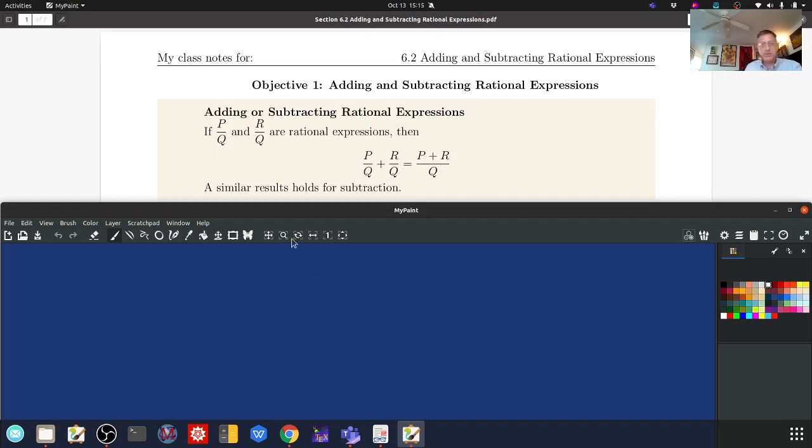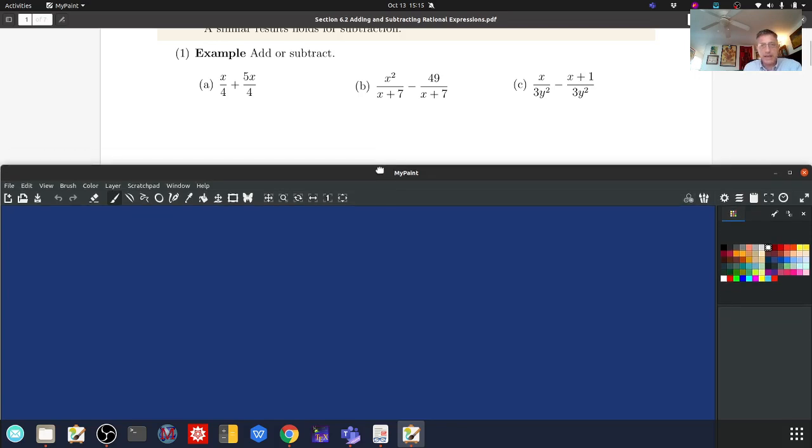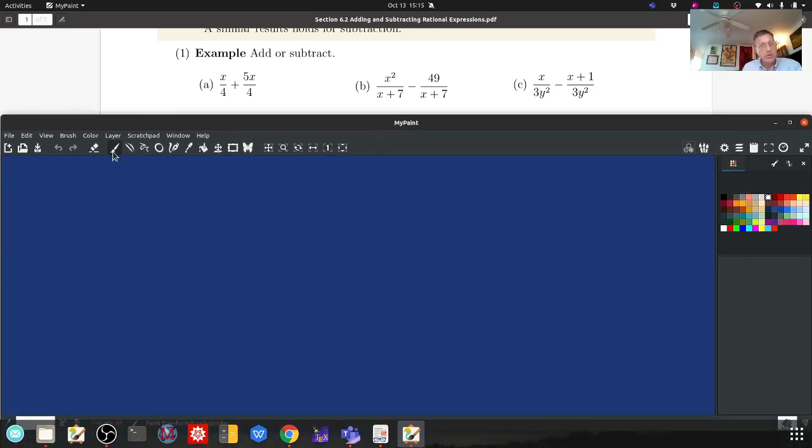So let's do something really fast. We're going to be looking at how to find a common denominator, and I'll do that for regular integers, regular fractions, before we actually start looking at rational expressions. The good thing about this is the table method I gave you to find the greatest common factor.